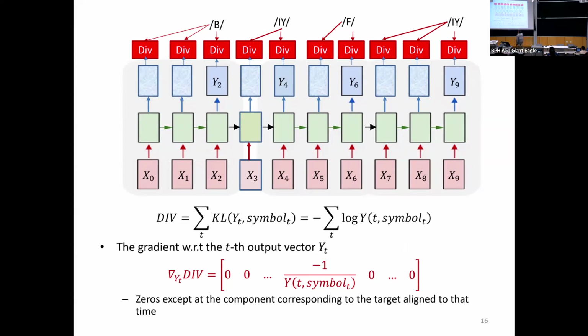And the derivative of the divergence with respect to any given y_t, we saw, was simply going to be a vector of all zeros with just a non-zero term at one component, and that one component corresponds to the target symbol, and the value is minus 1 over the probability assigned to the target symbol. We saw all of this in the last class.